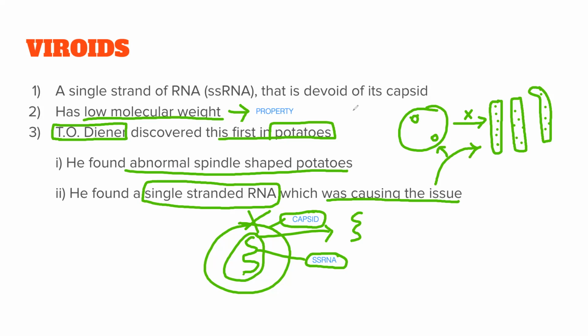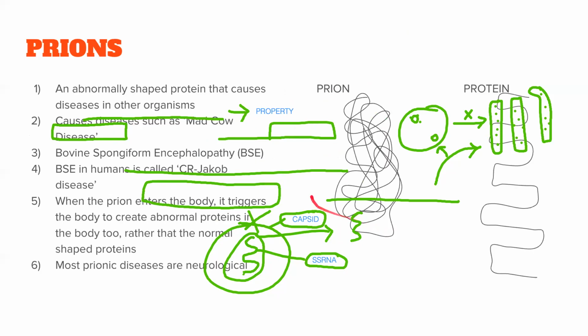A normal potato was germinating into a spindle shaped potato, and that was the reason why. This is how your viroid was found, in spindle shaped potatoes. So a viroid is nothing but a single strand of infectious RNA, to be exact.